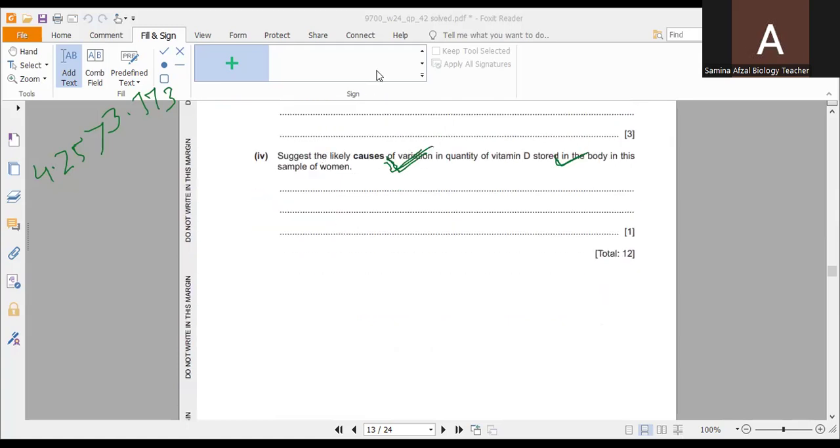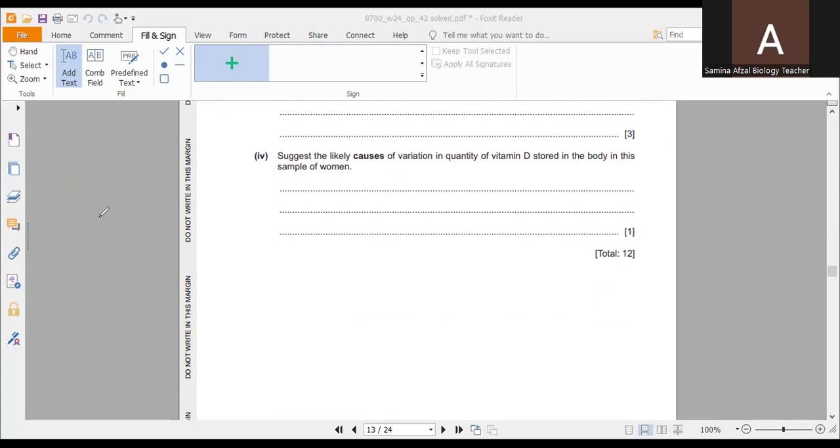Next is: suggest likely causes of the variation in quantity of vitamin D stored in the body in this sample of women. Here I would like to say that this question is also related to the previous question.